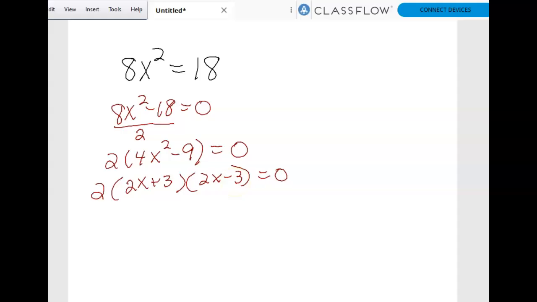Okay, so now I need to find my zeros. So I'm going to set all this equal to 0. So I put 2 equal to 0, 2x plus 3 equal to 0, and 2x minus 3 equal to 0.